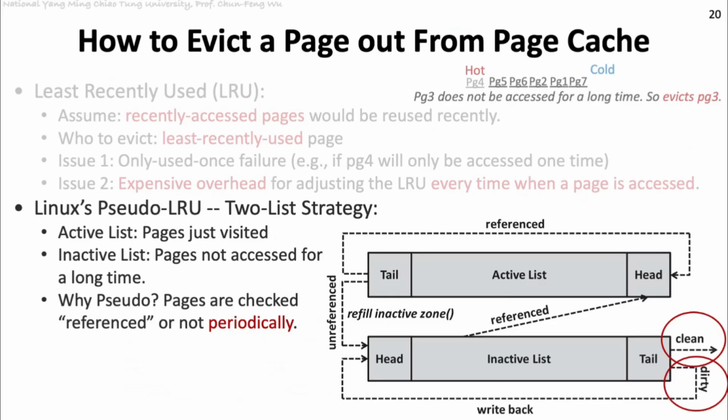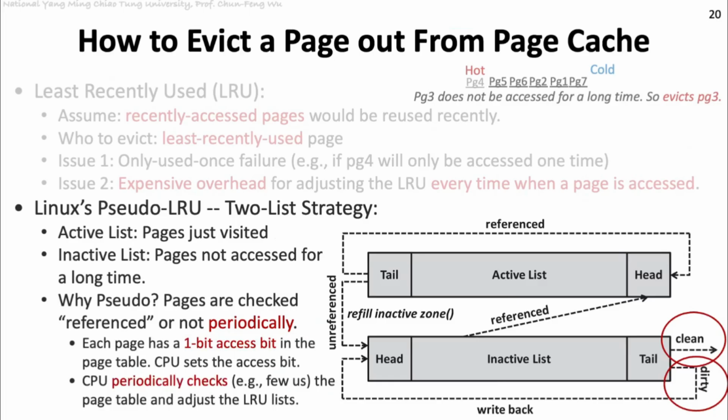Inside the page table, there is a bit called the access bit, and there's only one bit. So the CPU will set the access bit when doing the address lookup. And the reason I said it is periodic is that every few microseconds, the CPU will walk through the whole page table and collect all the pages that are set.